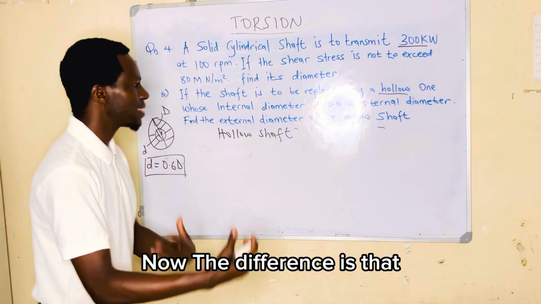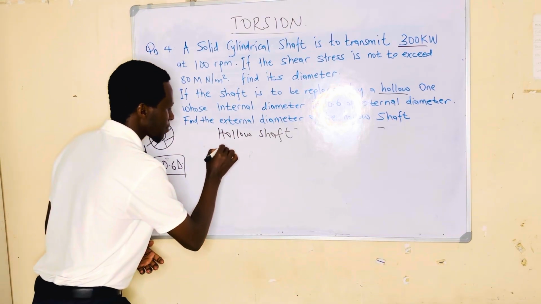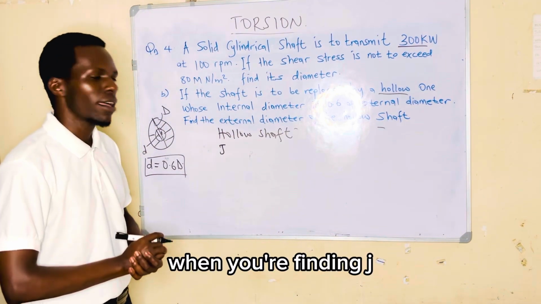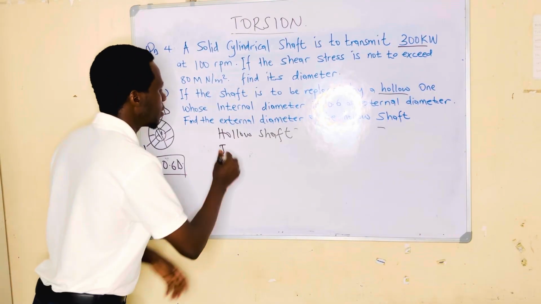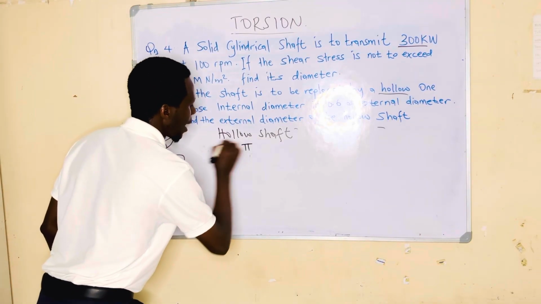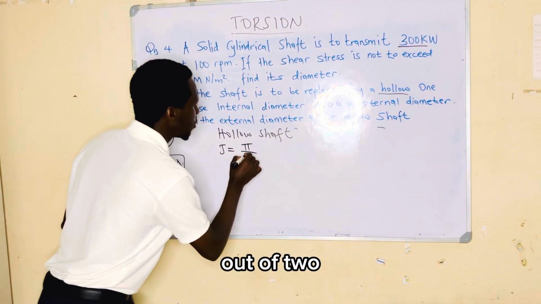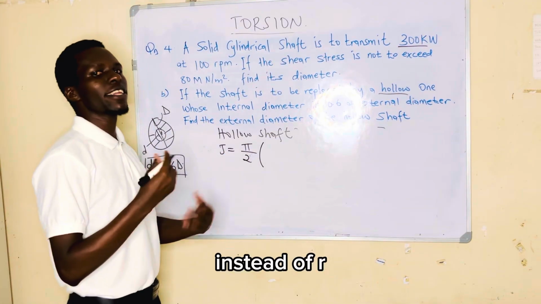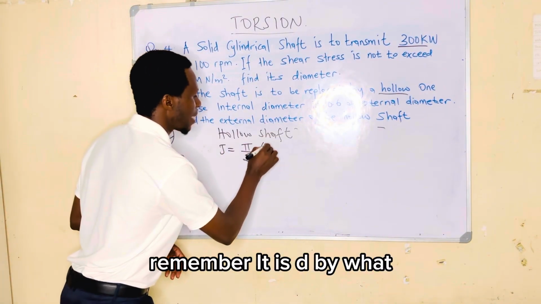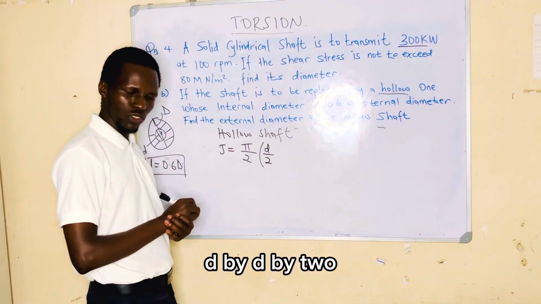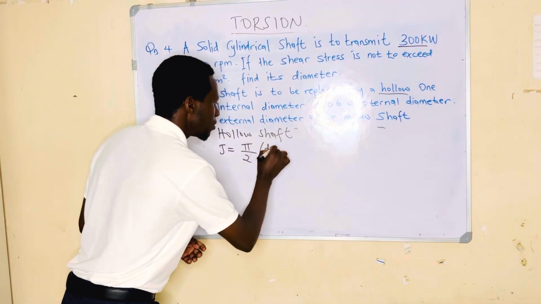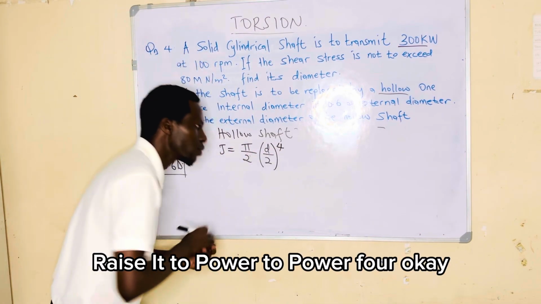Now the difference is that when you're finding J in the hollow shaft, J is given by pi over 2, and then instead of R, remember it is D by 2, so this D by 2 raised to power 4.